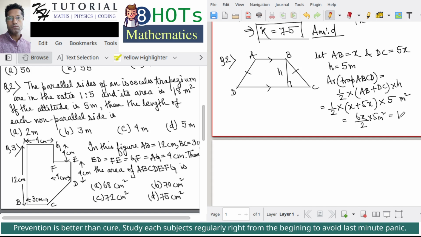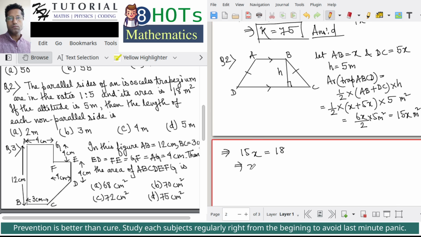This is equal to 15x meter square, which is the area of the trapezium, where x is the unknown multiple of AB and DC. Okay. Now the area is also given. Area of the trapezium is also given to be 18 meter square. So we must have 15x equal to 18.